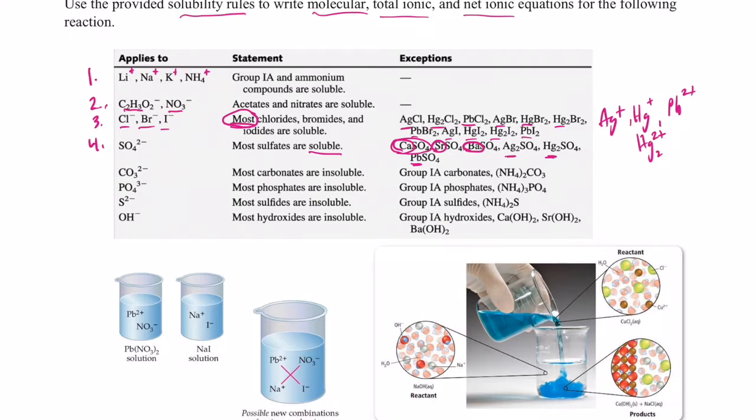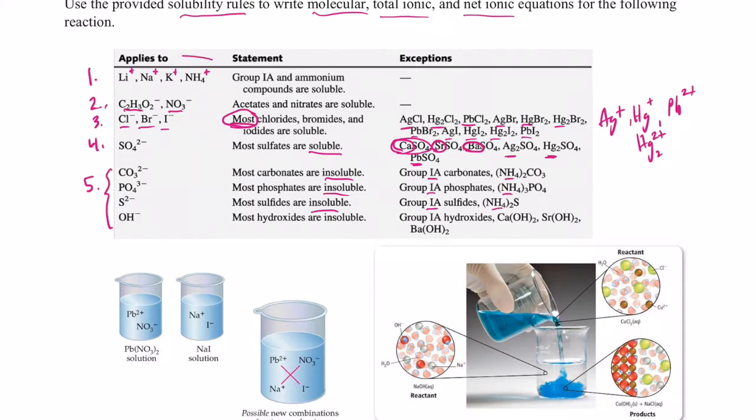Now, the rest of these solubility rules are mostly insoluble. In fact, you'll see that they're pretty darn similar to each other. So the carbonate, phosphate, sulfide, and hydroxide rules are very similar. So carbonate, phosphate, and sulfide first, we're going to call that rule number 5. They are insoluble except for if they're group 1 carbonates, phosphates, or sulfides, or ammonium.